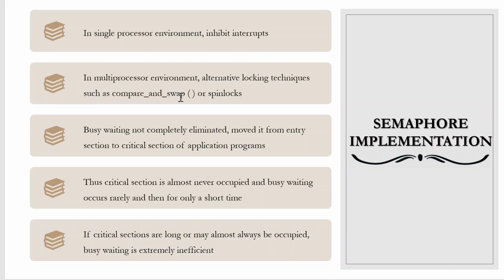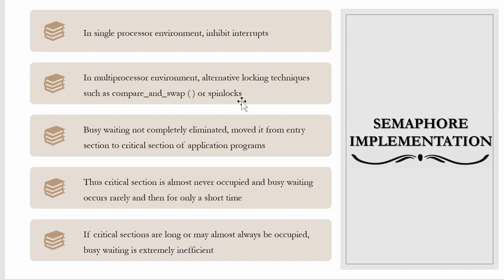In a multiprocessor environment, interrupts must be disabled on every processor. Otherwise, instructions from other processes may be interleaved in some arbitrary way. Disabling interrupts on every processor can be a difficult task and furthermore can seriously diminish performance. Therefore, symmetric multiprocessing systems must provide alternative locking techniques such as compare and swap or spin locks to ensure that wait and signal are performed atomically.